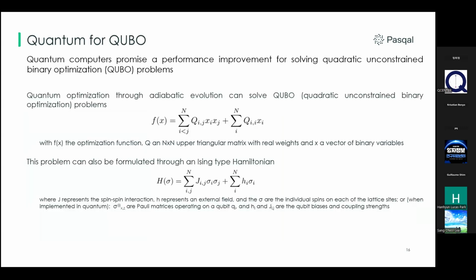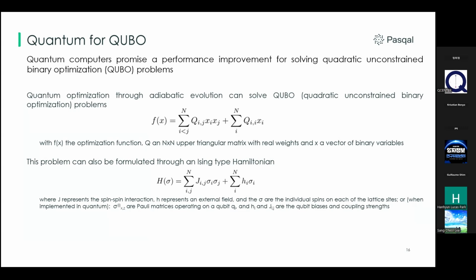With that said, let's take a closer look at quantum solutions and quantum optimization methods in particular. For that, we first need to revisit what we mean by an optimization problem. In particular, you have most likely heard about QUBO type problems.